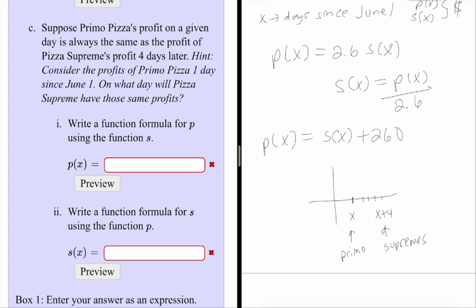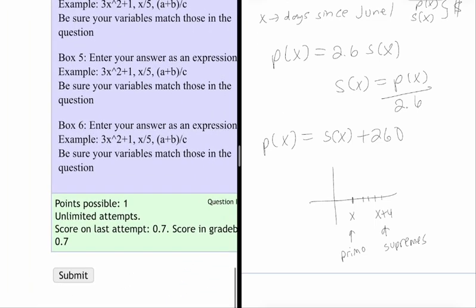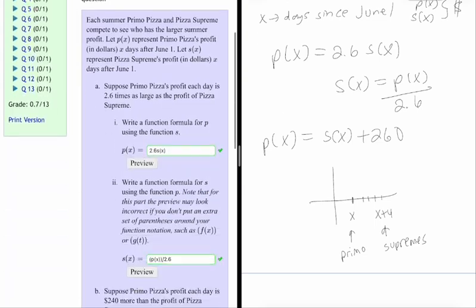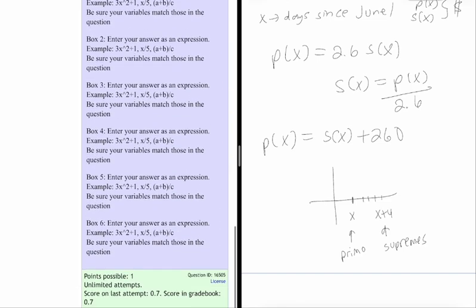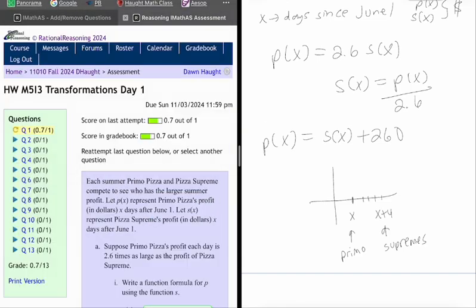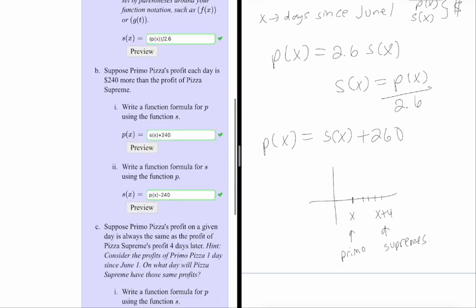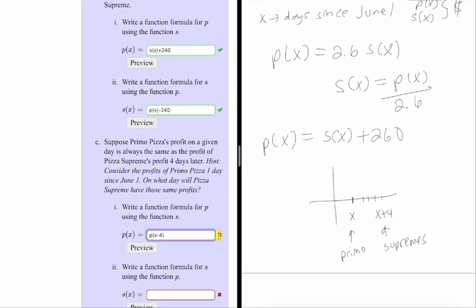You'll notice it's moved to the right 4. But if we want to go back and match Primo, you've got to go backwards 4. So I believe this is X plus 4. Let me see which way they want it. Yeah, so it's got to be minus 4. Wait, did I?